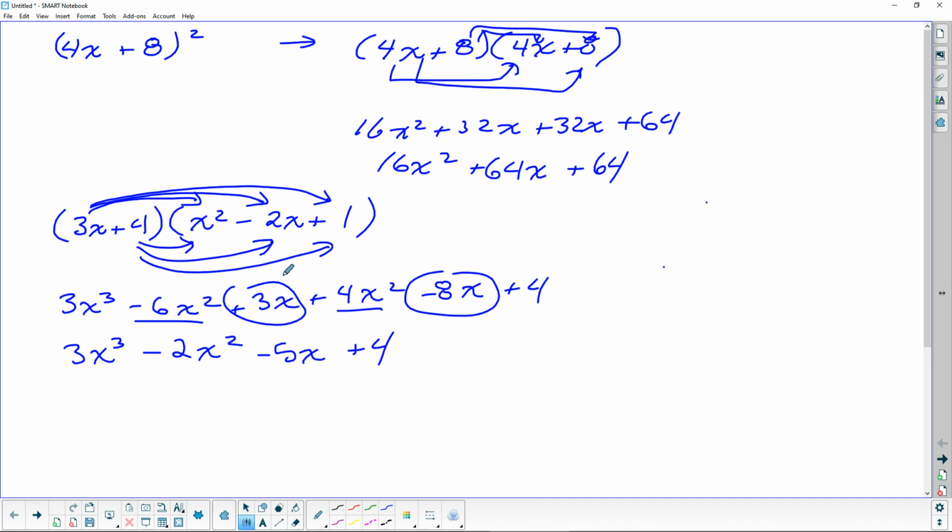Now they might give you a multi one where you have to simplify after in an equation.